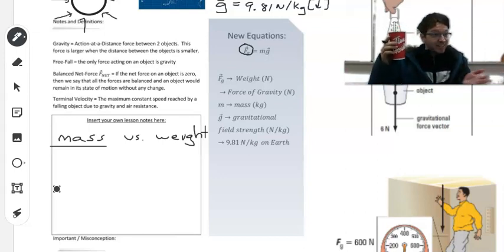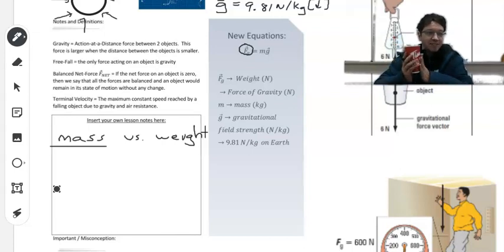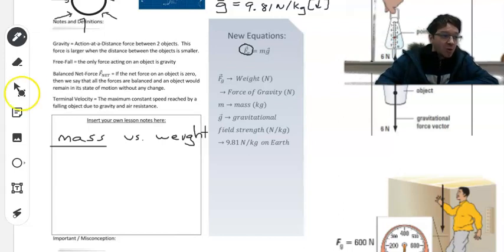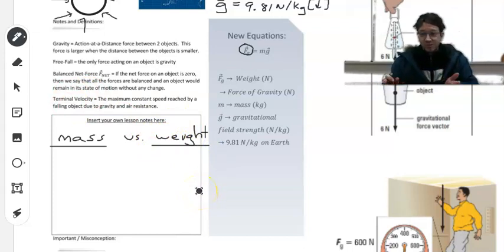Now in English we say this coffee weighs 100 grams. But that sentence is incorrect in physics. We would have to say the mass of this coffee is 100 grams, because weight means something else. Weight is the force of gravity that acts on mass.